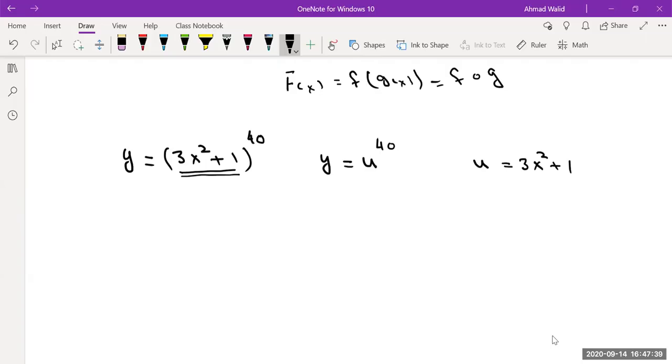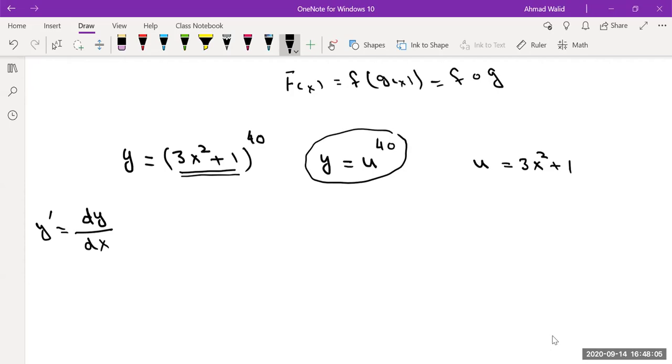Now, they are asking you to find dy over dx, right? Or in other notation, y prime. Find the derivative of this function. Okay, I cannot find it in this form, but here, can I find the derivative of this function? y equals u to the power of 40. Can I find the derivative of this function?